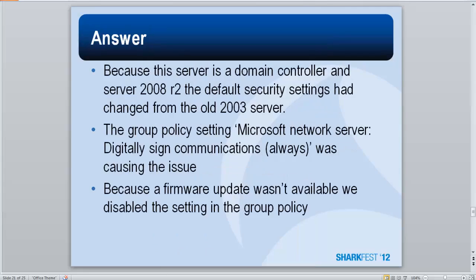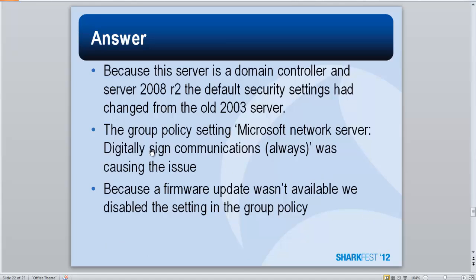What we came to learn is Microsoft made a lot of changes in Server 2008 R2, particularly on the domain controller side, particularly when it came to security. There is a group policy setting, Microsoft network server: digitally sign communications (always), that was set to on for the default domain controller policy.